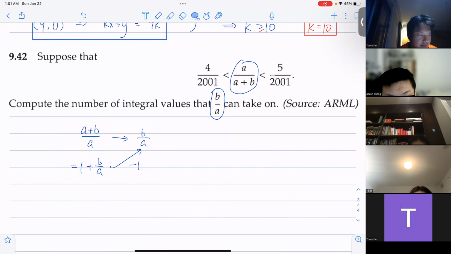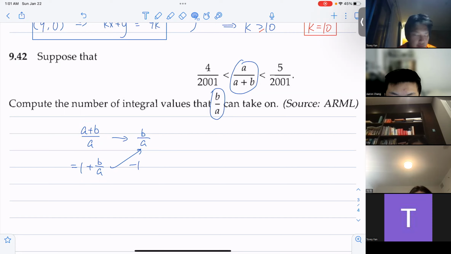Maybe another year later, when we learn very advanced algebra, MC10, MC12, we will see this coming. There were some questions that require you to add 1 to this so that you can go back to this.